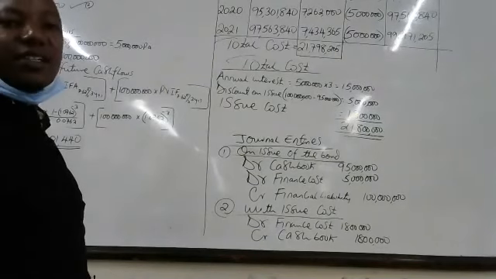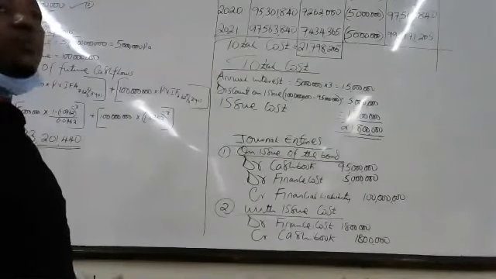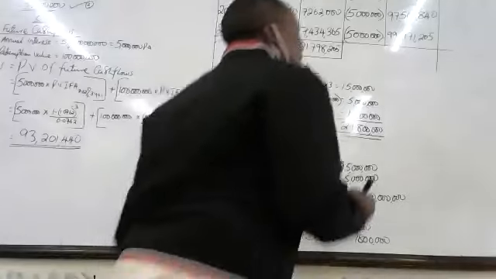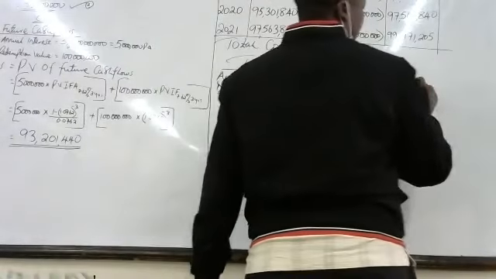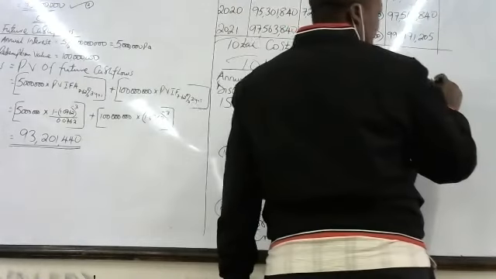Then with annual interest, you will be paying 5 million annually every year. So number 3 with the annual interest.